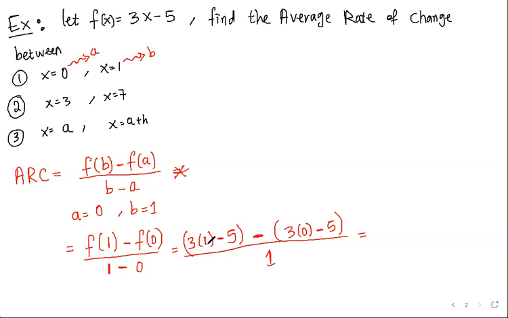So 3 times 1 is 3, minus 5 is -2, minus 3 times 0 is 0, minus 5 is minus 5, over 1. So the same thing is over 1 equal -2, minus times minus is positive, plus 5, over 1 we can remove the 1, minus 2 plus 5 is 3.